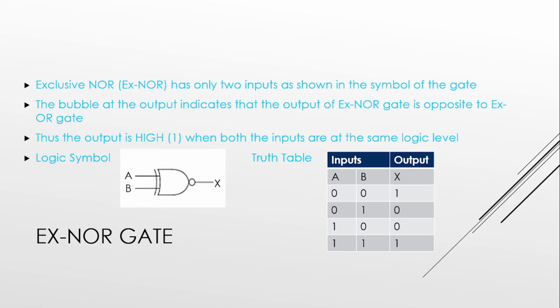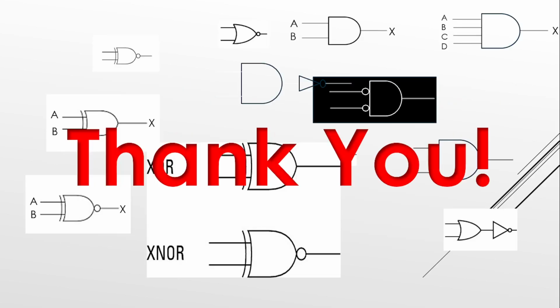The OR gate represents logical addition. That means 0 plus 0 equals 0, 0 plus 1 equals 1, 1 plus 0 equals 1, and 1 plus 1 is not 10 or 0, but it is 1. So this is the difference between AND operation and logical addition.